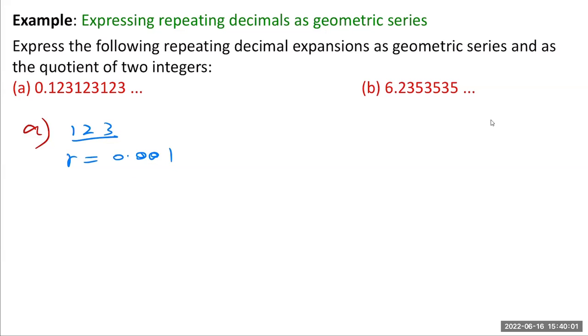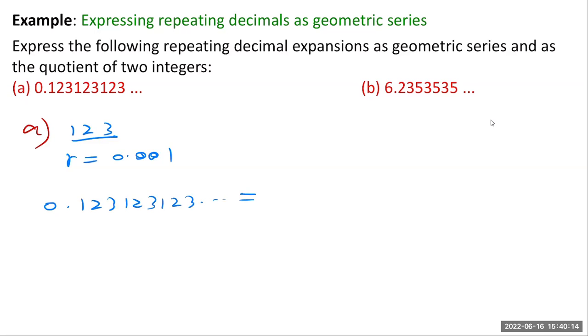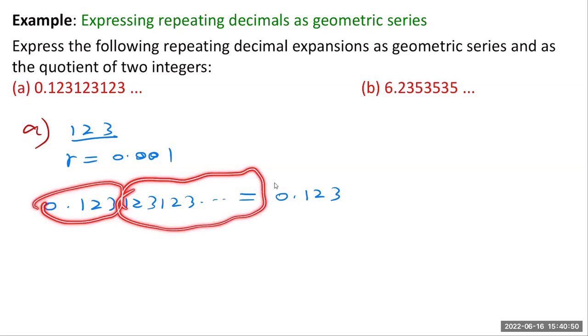All right, next we need to rewrite this number in a different way. 0.123, 123, 123, dot, dot, dot. This is the same as, if you write this in a different way, you can of course write this way, 0.123. I separate out the first number, this number, and then I'm going to take care of the remaining numbers.